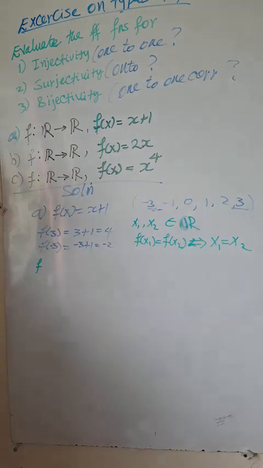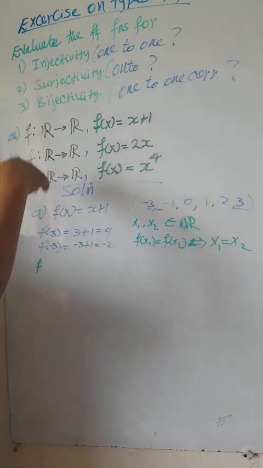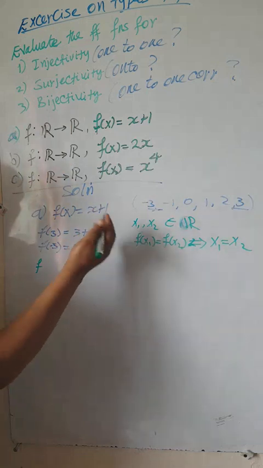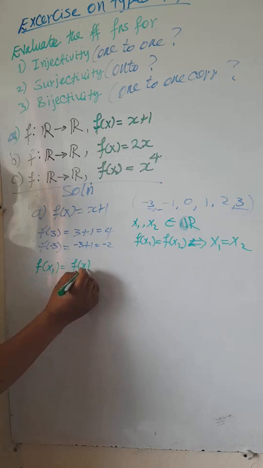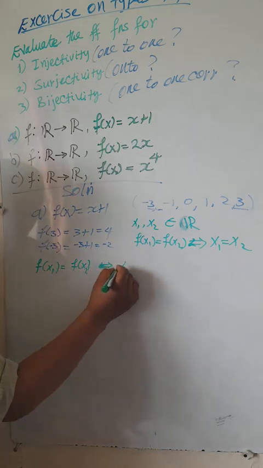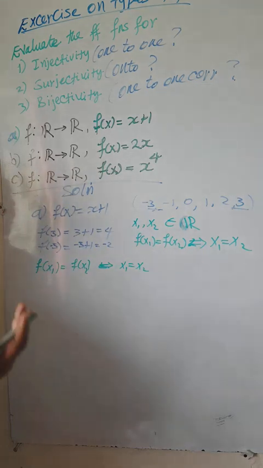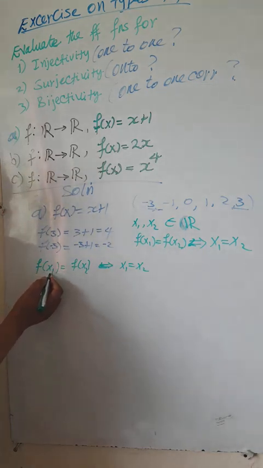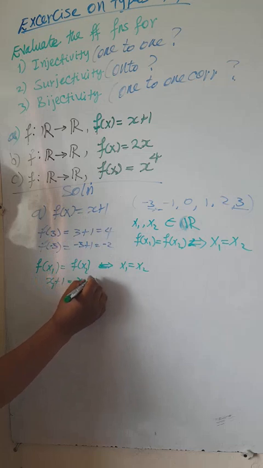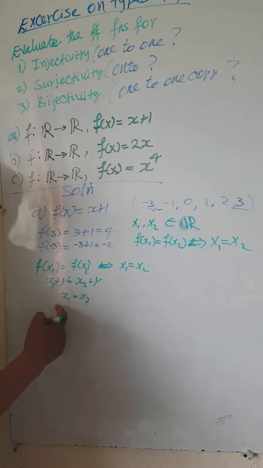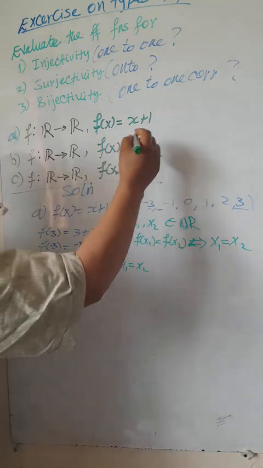We can take any numbers from the domain, x1 and x2, and prove that f of x1 equals f of x2 if and only if x1 equals x2. So f of x1 means x1 plus 1 is equal to f of x2, x2 plus 1; subtracting 1, x1 is equal to x2. This means it is one-to-one, injective.